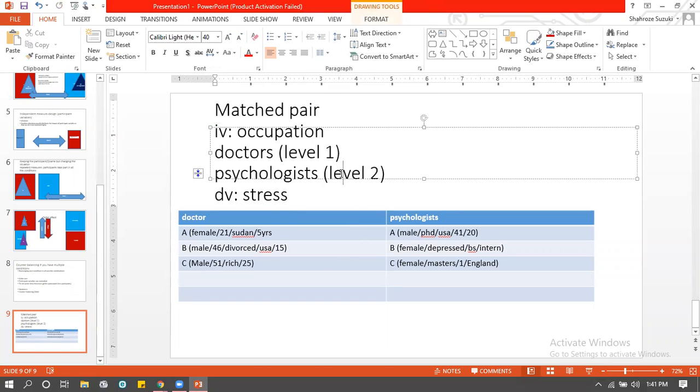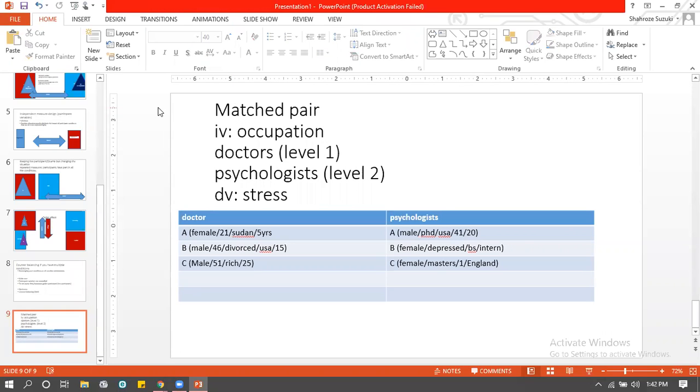Matched pair design allows you to 100% neutralize partial variables, and the only difference that will remain between the two groups is going to be your IV. So matched pair is a design where you neutralize all the other unnecessary extraneous variables and keep the difference that you need between them.